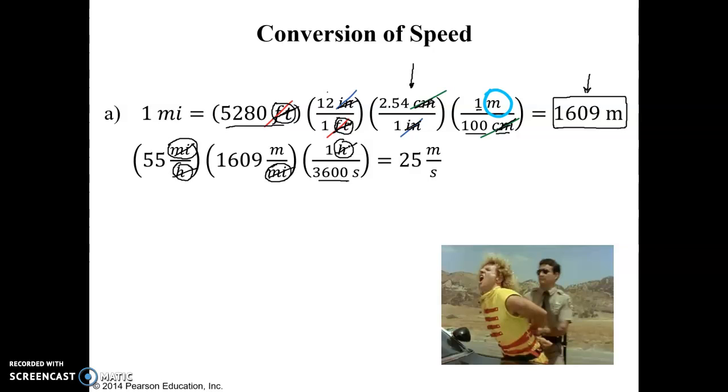So these hours are going to cancel out, and what we're going to be left with is meters per second, which is what we want. So we take 55 multiplied by 1609 divided by 3,600, and that gives us an answer here for part A of 25 meters per second.